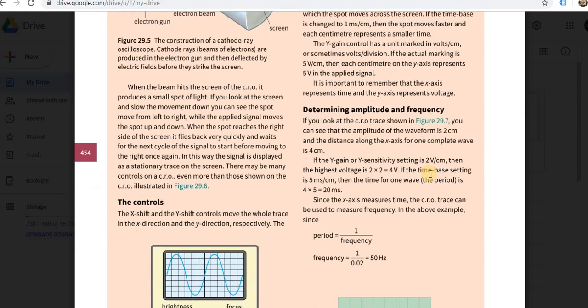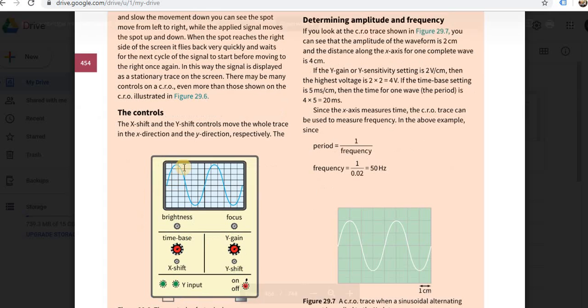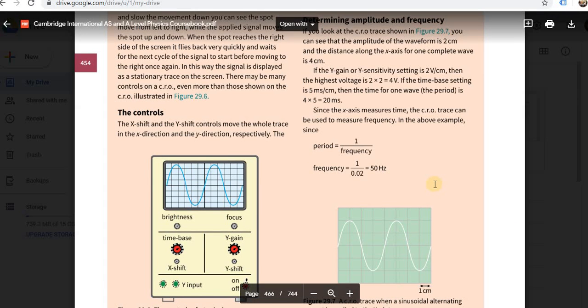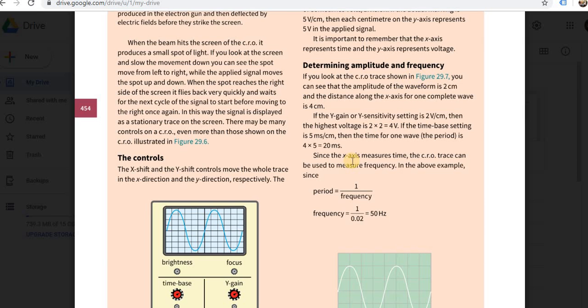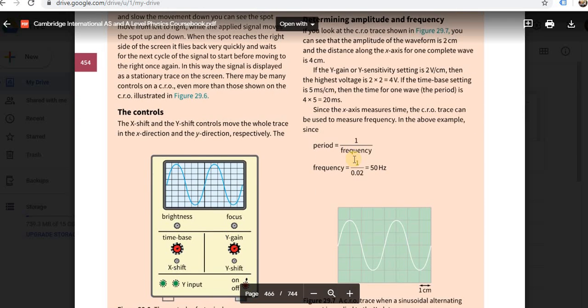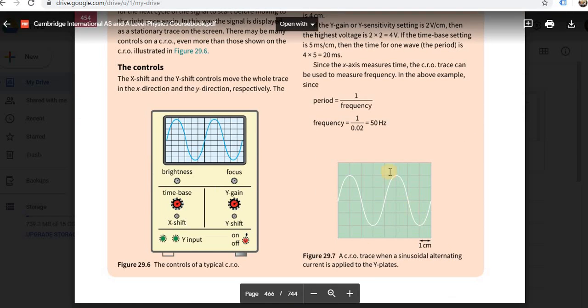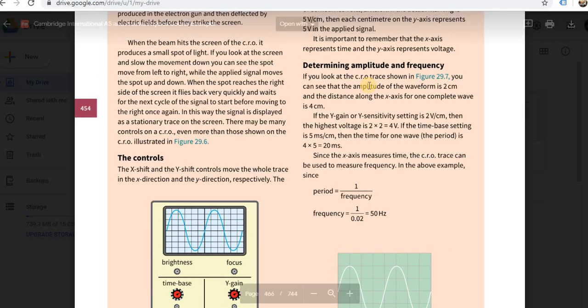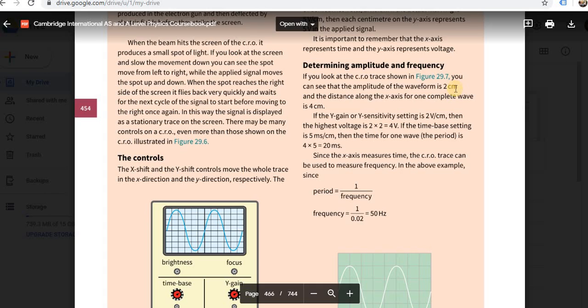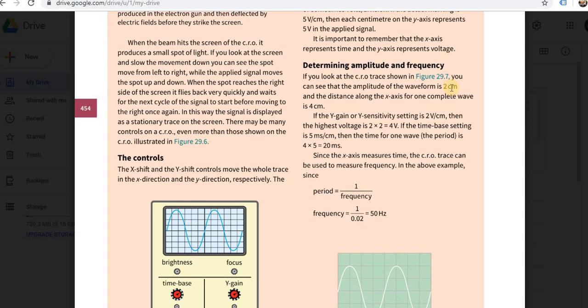Okay, so let's do a question using a trace from the cathode-ray oscilloscope. If you look at the CRO trace shown in figure 29.7, you can see that the amplitude of the waveform is 2 centimeters and the distance along the x-axis for one complete wave is 4 centimeters.